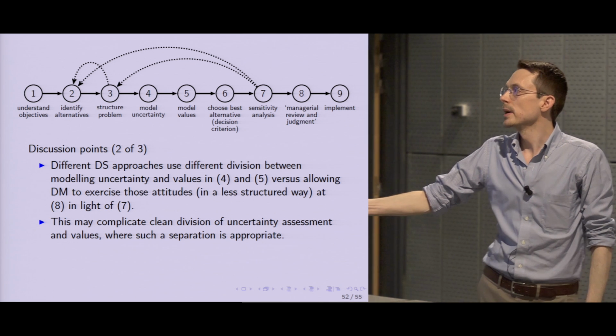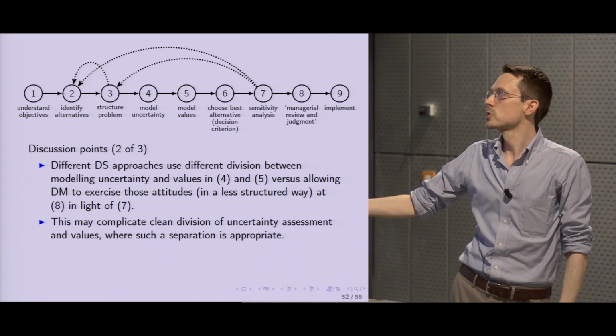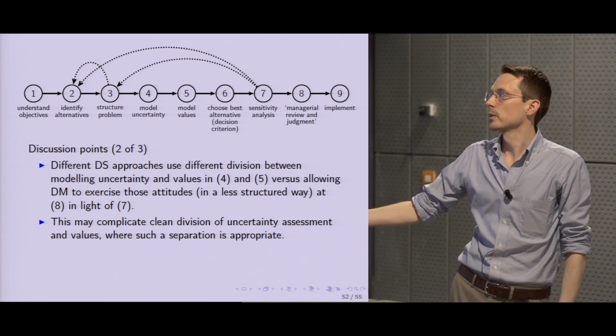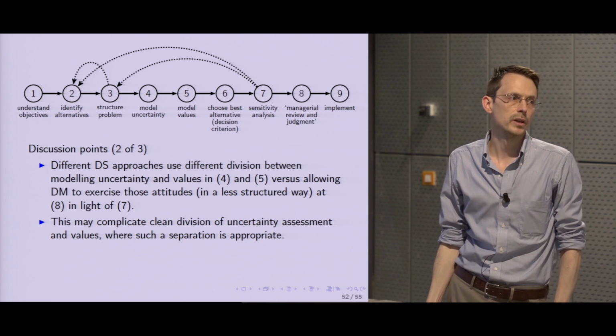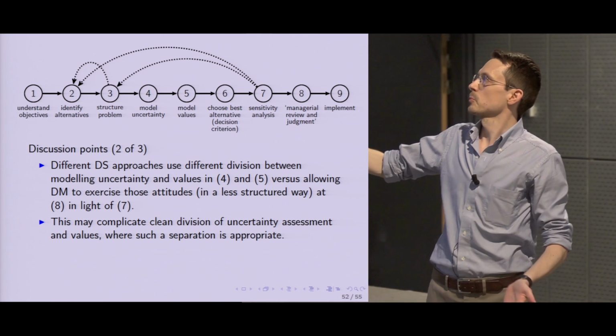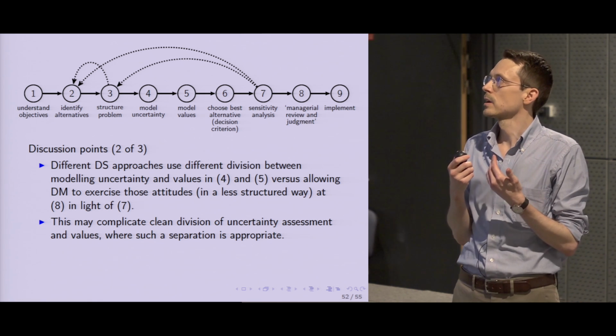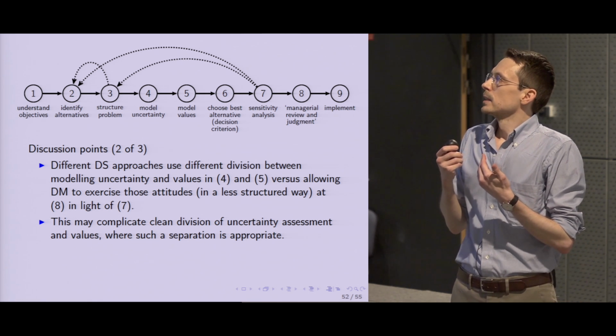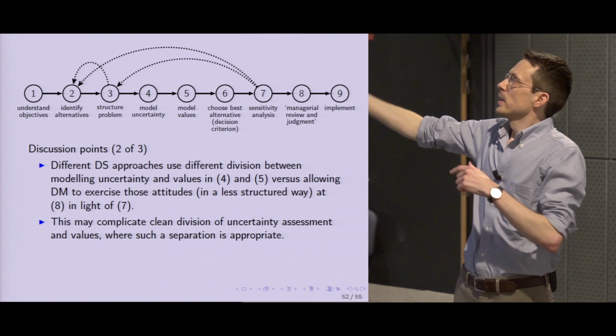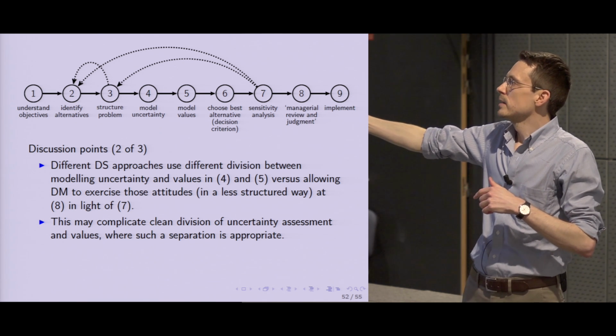This feature may complicate a clean division of uncertainty assessment and values where such a separation is appropriate. Such a separation is not always even possible in these representations, but where it is, allowing attitudes to come back in over here may complicate that.